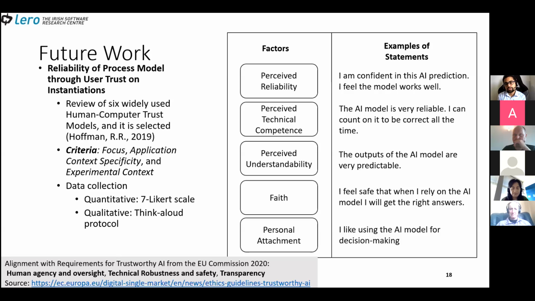Indeed, by looking at the factors here, we can refer to, for example, the requirements of human agency and oversight, technical robustness and safety, as well as transparency requirements, which are stated by the EU guidelines.